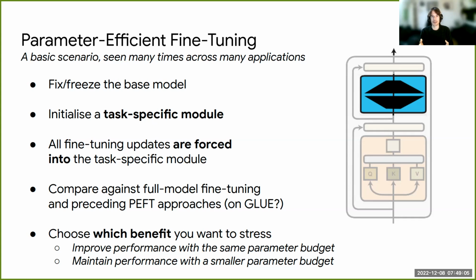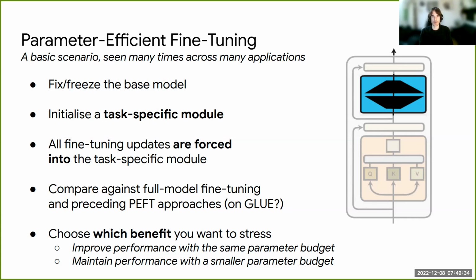But the idea is then to have this dedicated module, which could be defined as an adapter, as prefix tuning, etc. And we want to store all the task-relevant knowledge within that task-specific module without doing any updates to the large model. So all the updates when we are doing task fine-tuning are forced into that task-specific module. We can call that a task module.